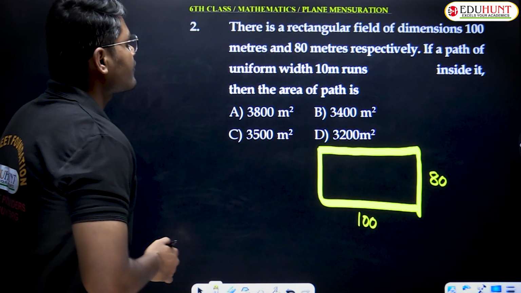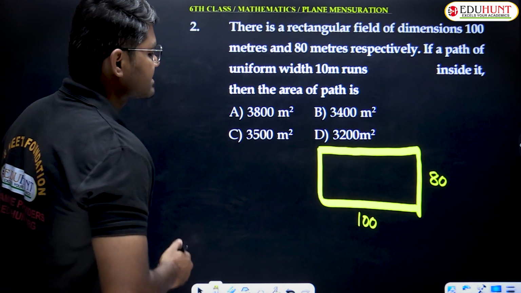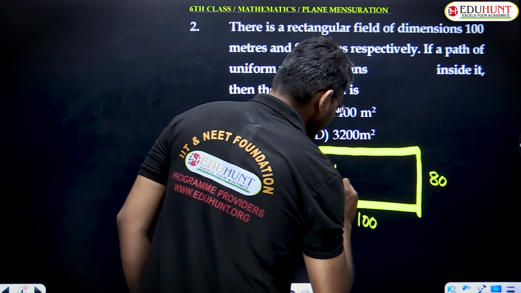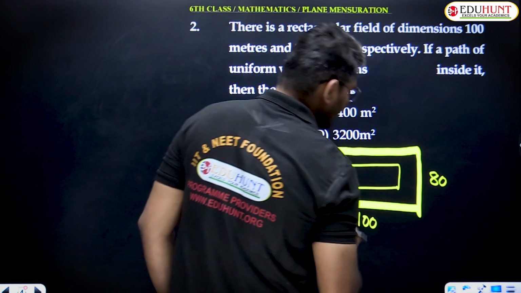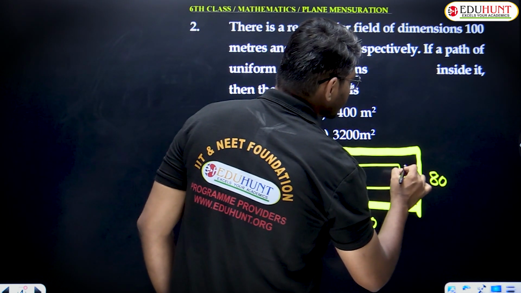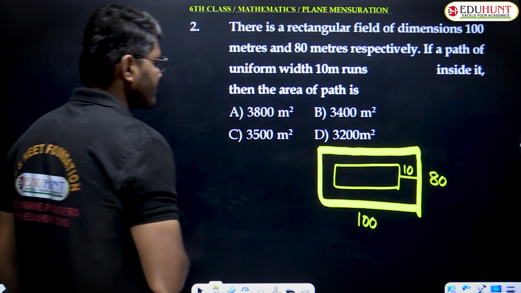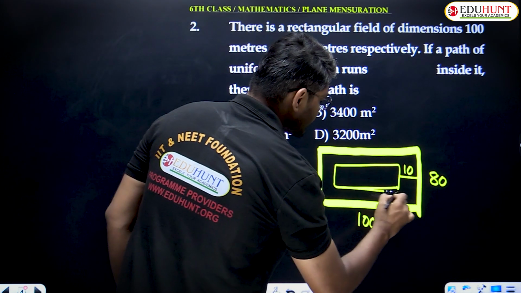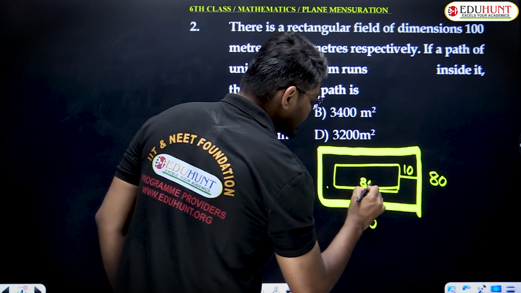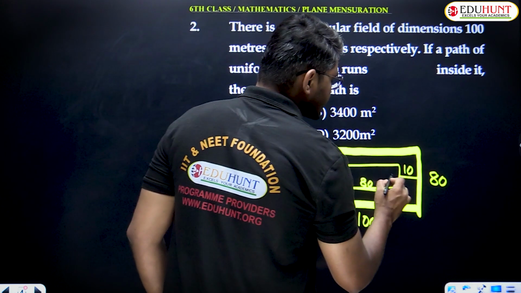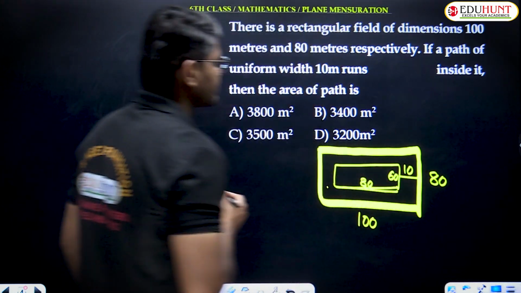A path of uniform width 10 meters runs inside it. So that means inside there is another rectangle. The path width is 10 meters. Now this length will be, this 10 and this 10 we have to subtract, so it will become 80. 80 minus 20, it becomes 60.